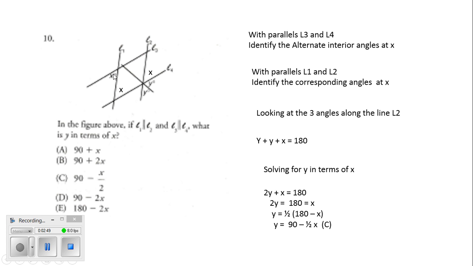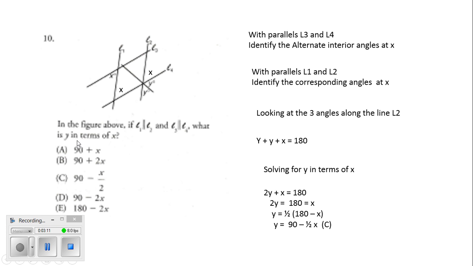So here's L3 and L4. If this is x, then this is alternate interior, and that is also x. Since L1 and L2 are parallel, this x here can come over and be corresponding to this angle, which is also x.